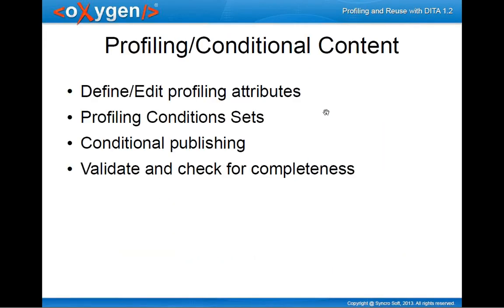Again, it's time to draw some conclusions. So we've seen how to profile your content in DITA, how to define and edit profiling attributes, how to define profiling condition sets, and how to use them to get visual feedback about what content will get published while you're editing it, and how you can achieve conditional publishing both by using DITAVAL files or by using the previous created profiling condition sets.